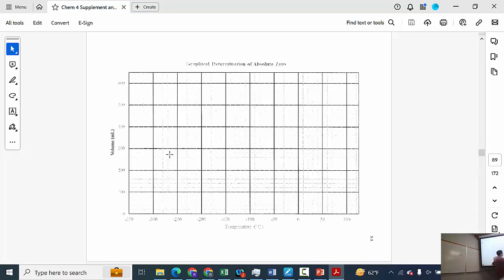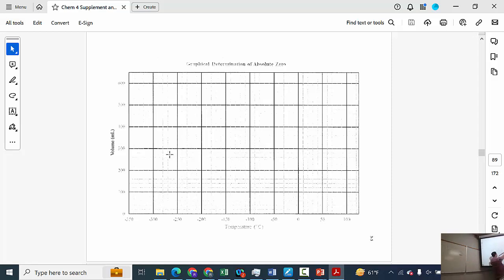So you're going to plot your T2, which is about 100, and the volume, and your T1, which is about room temperature, 25, and the volume. And you have 2 points here. From these 2 points, you're going to draw a straight line, hopefully intersecting at -273.15, which someone's going to call 0 Kelvin. And so hopefully it intersects there.